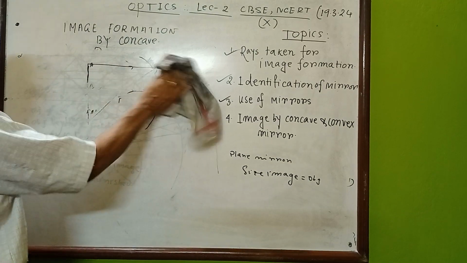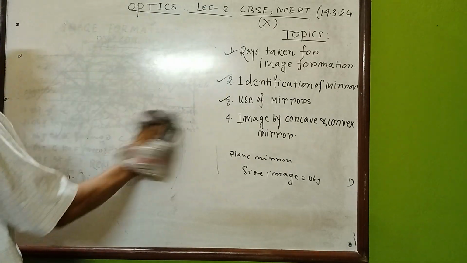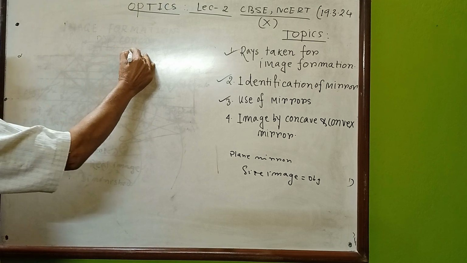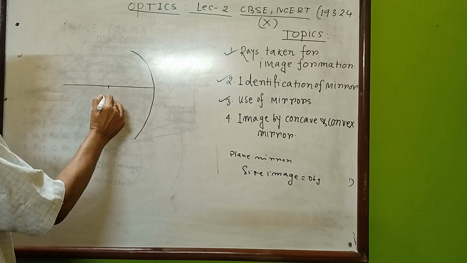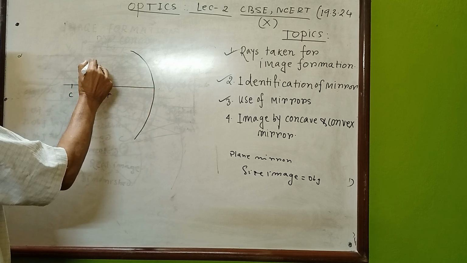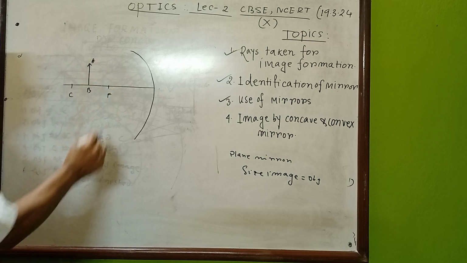Next, you are considering case 4. That means there is a mirror. This is F, this is C. You are considering this is the position of the object in between C and F. Now consider there are 2 cases.